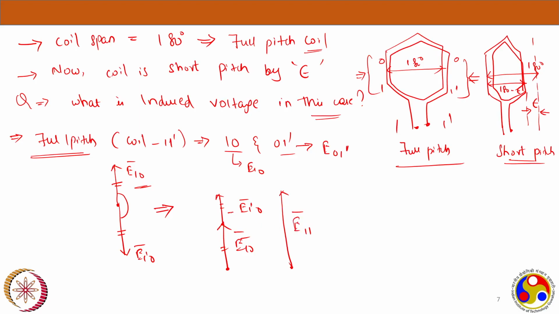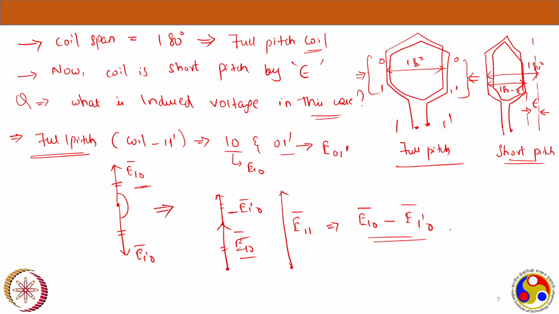In terms of phasors, E11 dash is equal to E10 minus E1 dash 0.